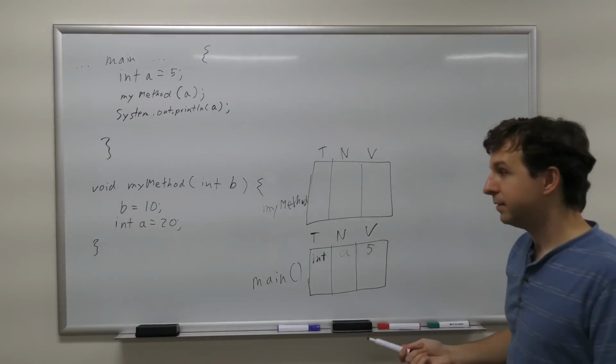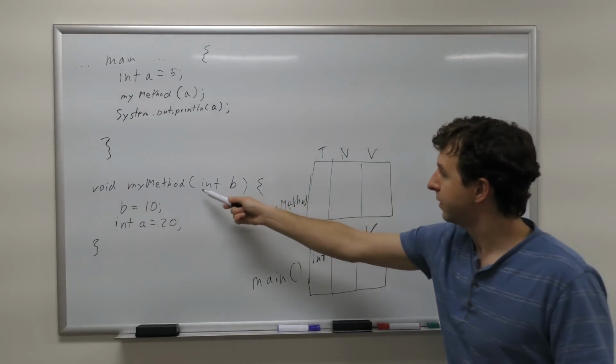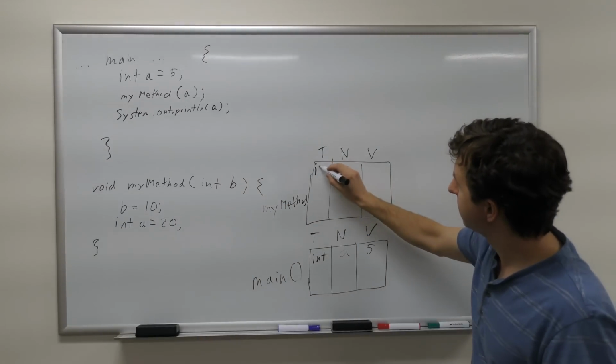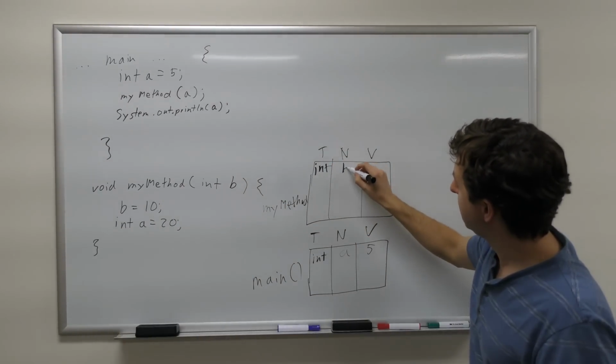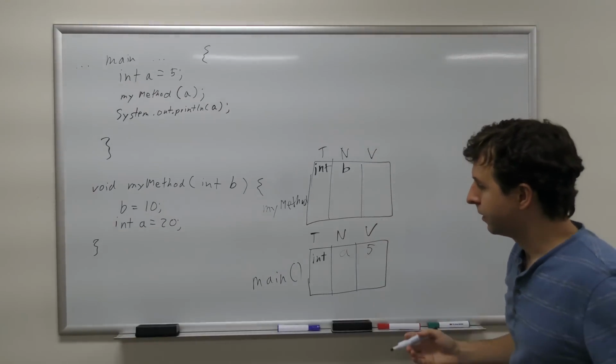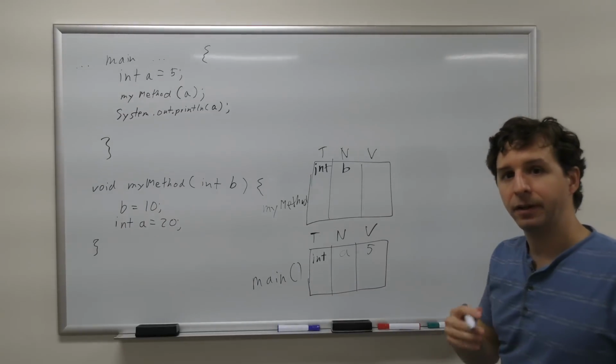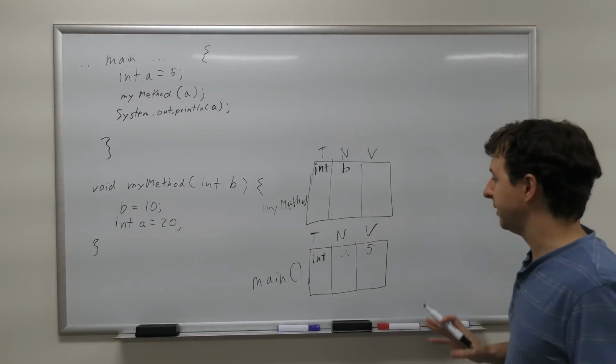And just like before, we store the type, the name, and the value of the variables in this method. And what's the first one? Well, the parameters, right here. So, int b, well, what's its value? Well, the answer is Java is a pass-by-value language. There are other types that we're not going to talk about right now.